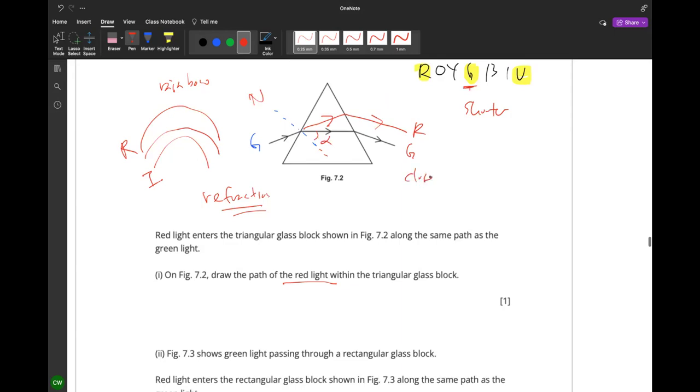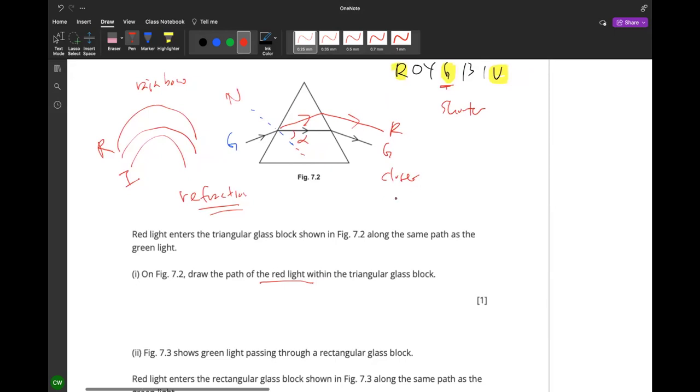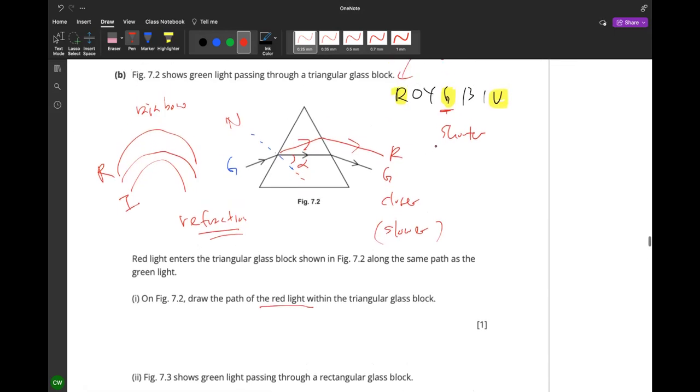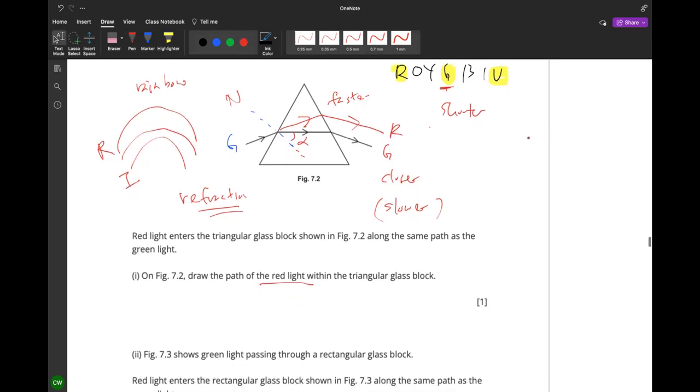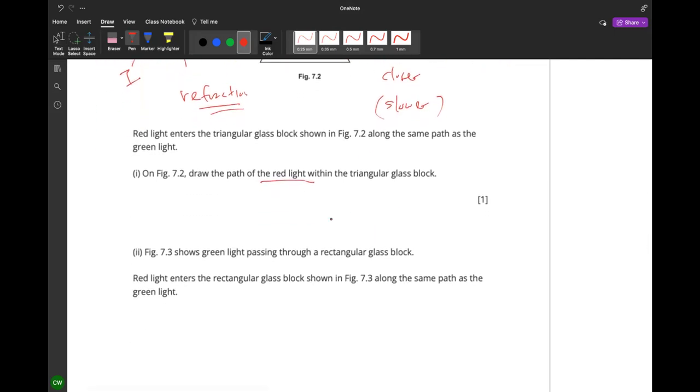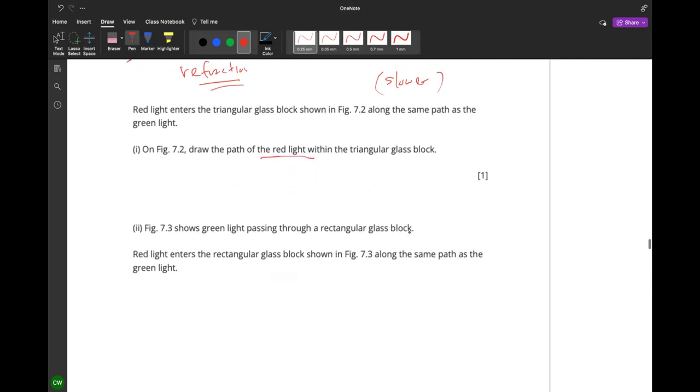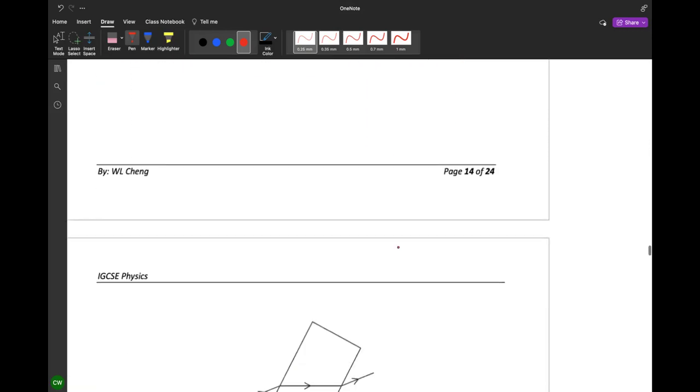So when it's closer to the normal line, what does it mean? Slower or faster? Slower. Closer to this line, slower. When it's away from this line, it's going to be faster. Further one faster. So they have different speeds. The speed will change. Okay, same path. This one we know already, no problem. Very easy.